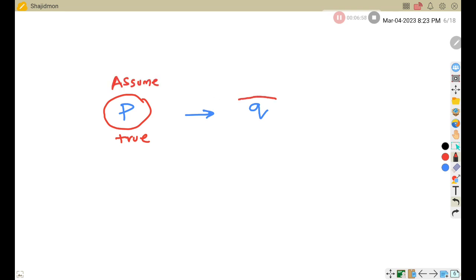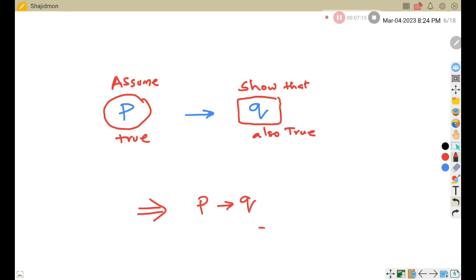First we assume that P is true, then we need to show that Q is also true. Then we can conclude P implies Q, that the theorem is true.